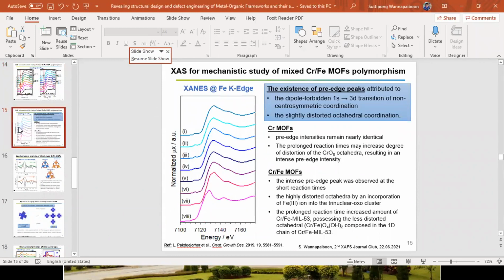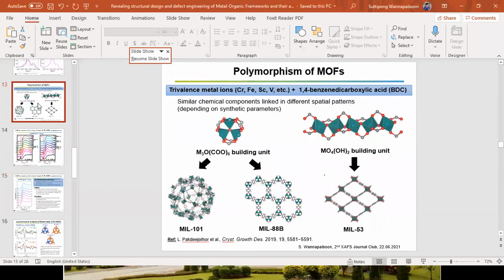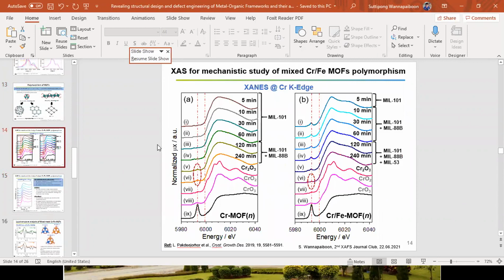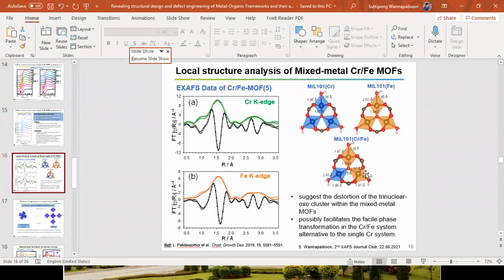One thing to keep in mind is that this kind of MOF polymorphism belongs to the trivalent metal ion inside the clusters. It doesn't matter which kind of packing, it still maintains 3+. So the information is that it keeps the oxidation state at 3+, with only a tiny change.